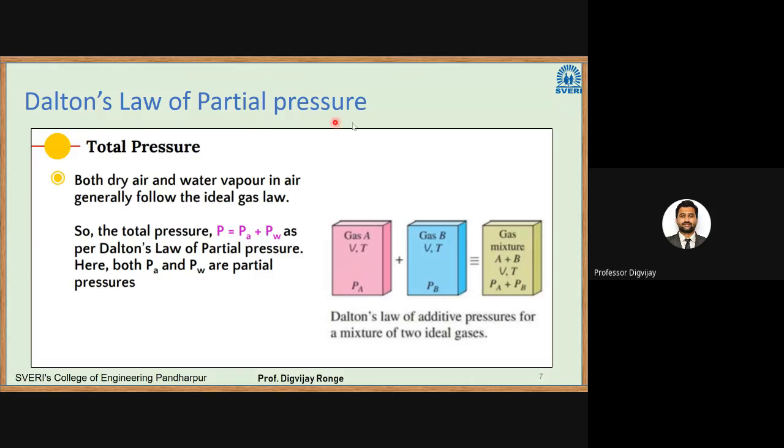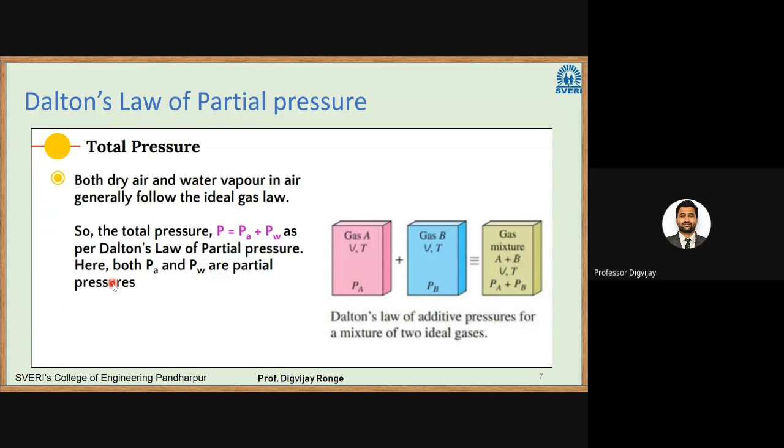So I'll quickly read this. Dalton's law of partial pressure: both dry air and water vapor in air generally follow the ideal gas law. So the total pressure P is equal to PA plus PW, where PA is the partial pressure of air and PW is the partial pressure of water vapors, as per Dalton's law. Here both PA and PW are partial pressures.